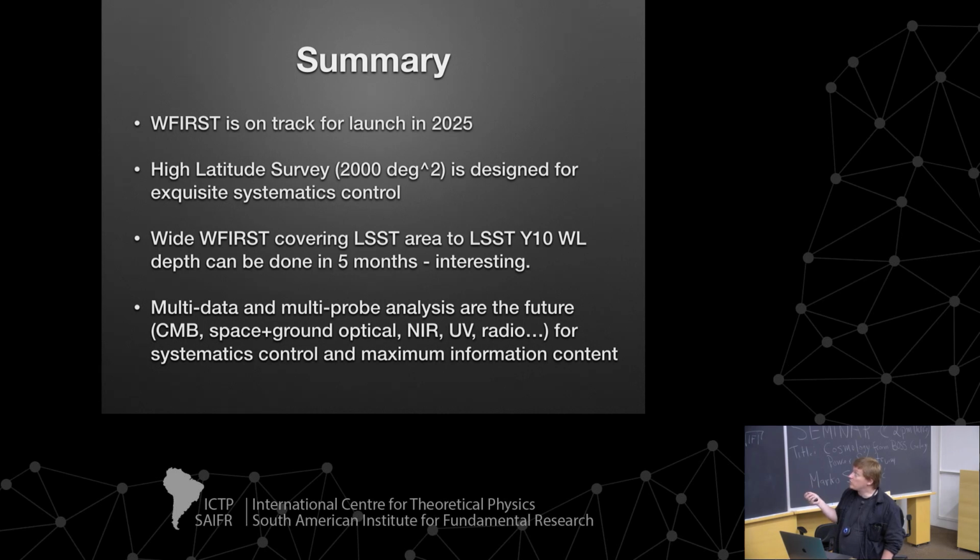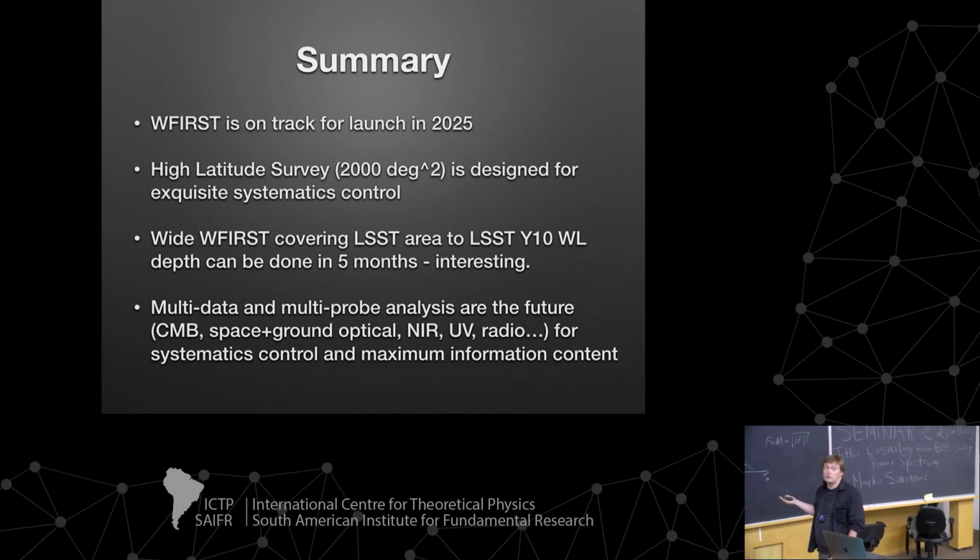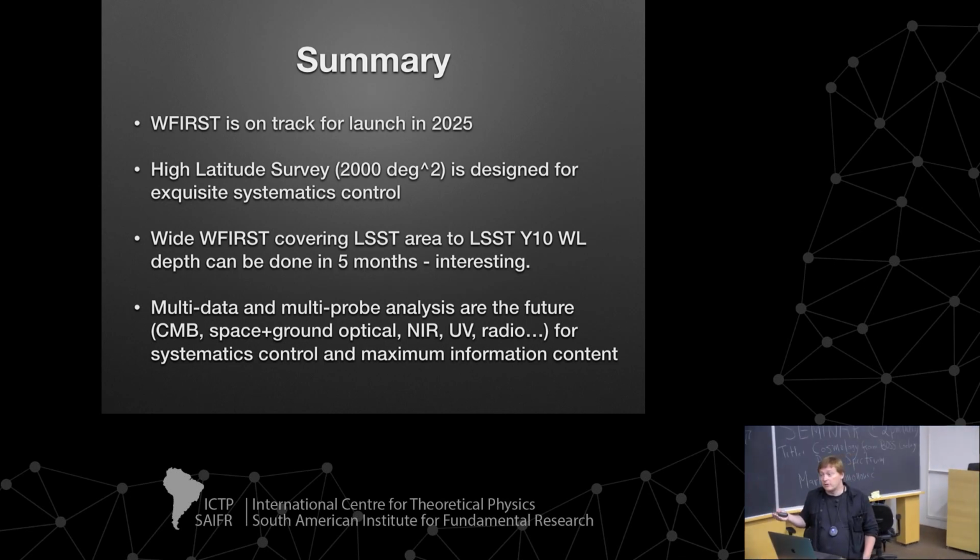If you were to do something like that to cover 18,000 square degrees, that enables a lot of other interesting science cases as well, with CMB, with radio surveys, etc. It may even be interesting to do an all-sky survey with W first, which would take a little bit longer, but still roughly 1.5 years. It would be a fantastic data set to work with. And I'll stop here. Thanks, and sorry for this slide.